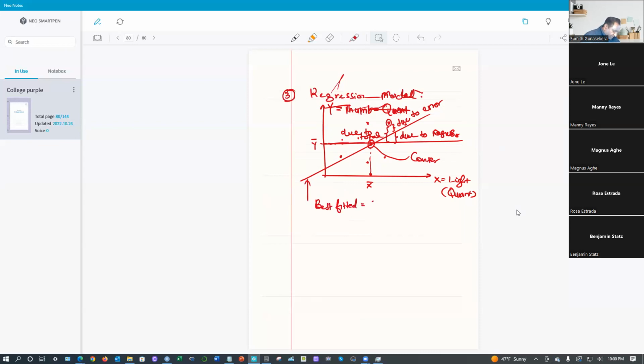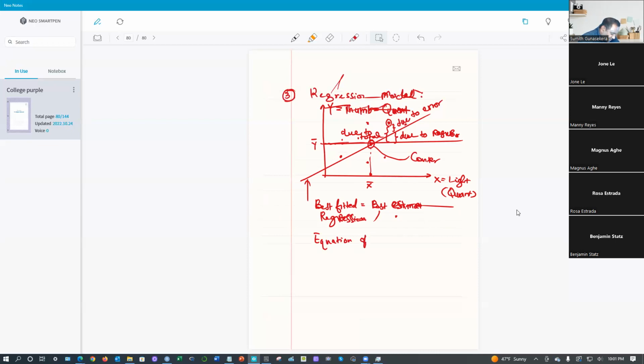Or we call it the regression line. The estimated line, regression line, and equation of the line. It's nothing but y hat equals b naught plus b1 x.